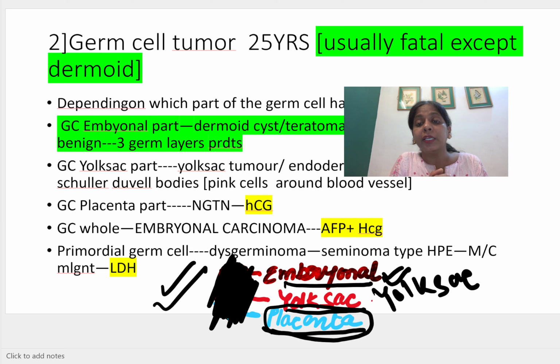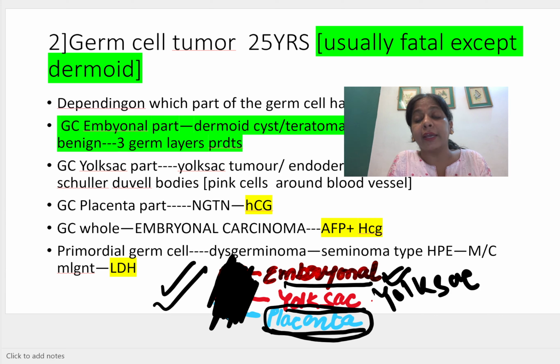The histopath finding of this tumor is similar to that of the seminoma, and this is the most common germ cell tumor to become malignant. The tumor marker of this will not be alpha fetoprotein, and it will not be HCG.